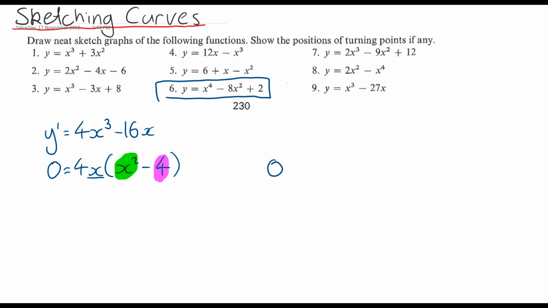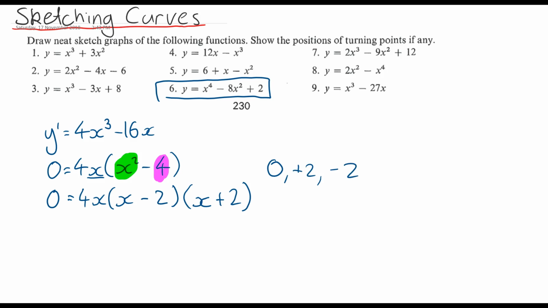So its factors are going to be x minus 2 and x plus 2. That makes my turning points the opposite signs but the same numbers: plus 2 for the minus 2 and minus 2 for the plus 2. So I know that the graph is going to turn at those points.